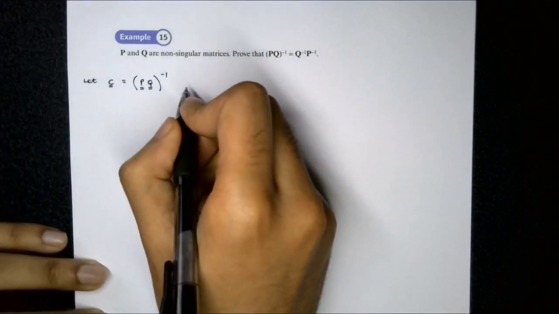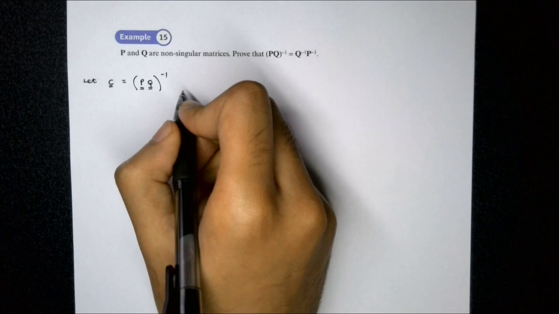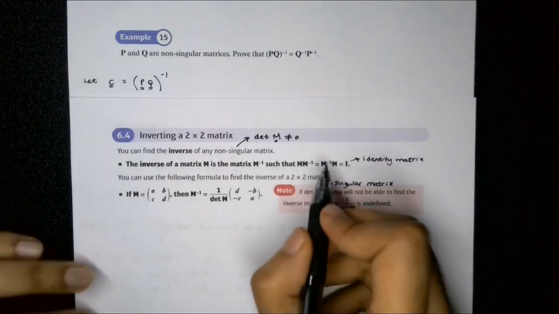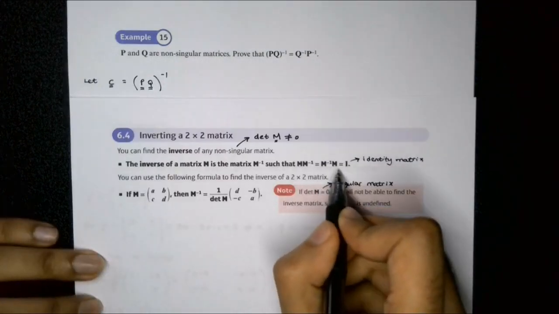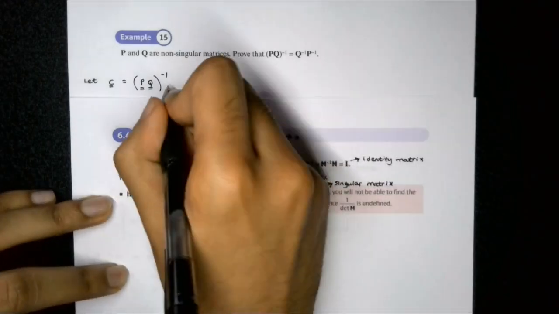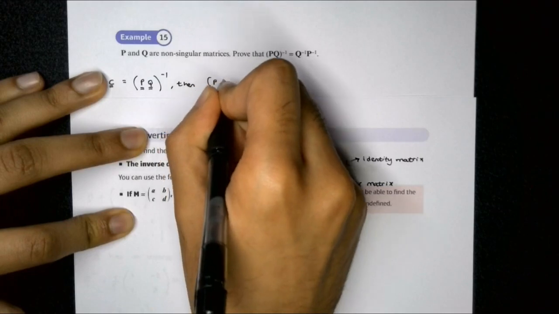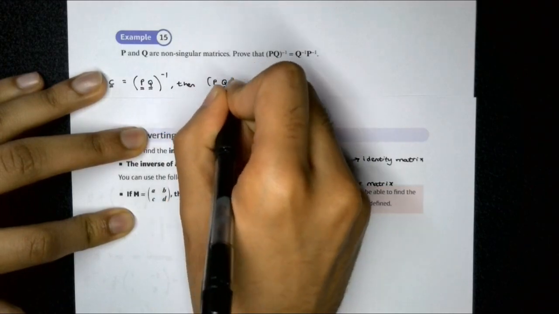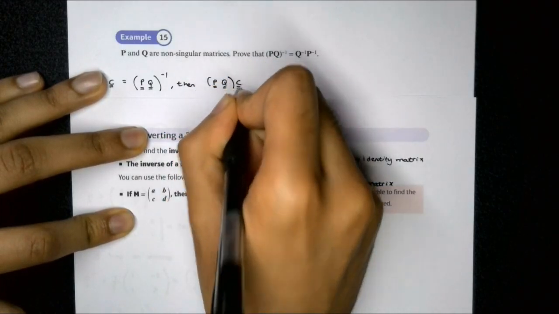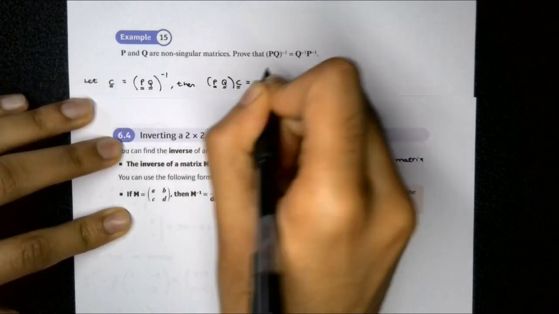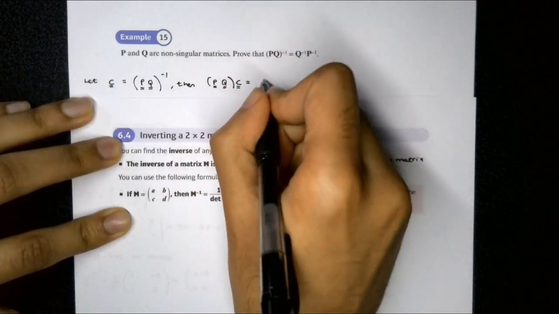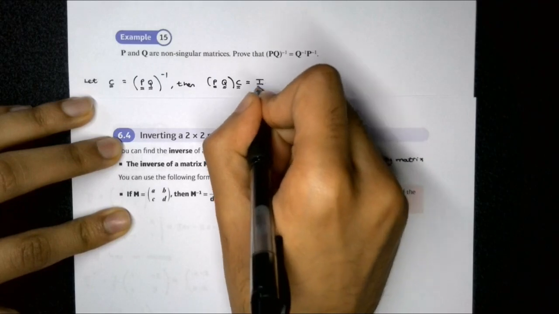So in other words, using this result over here, we can say that PQ multiplied by this matrix C will equal the identity matrix.